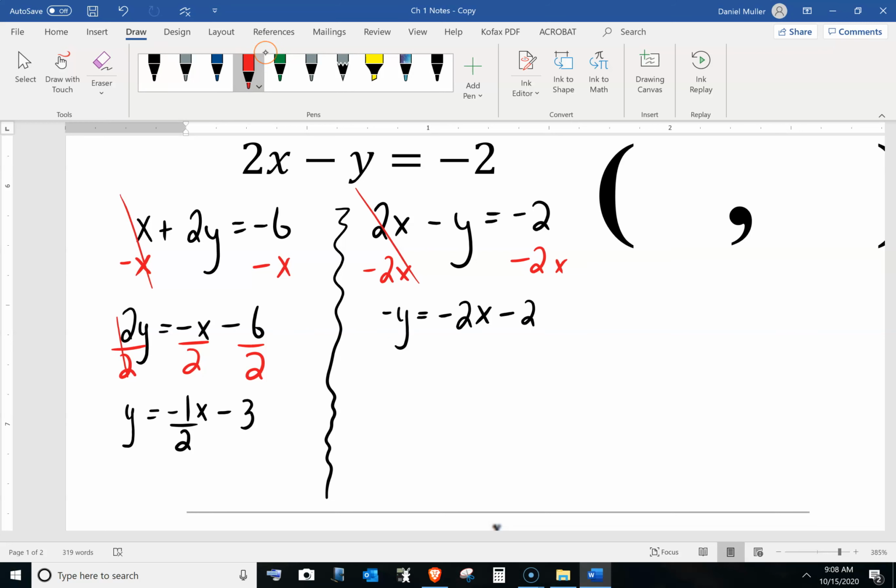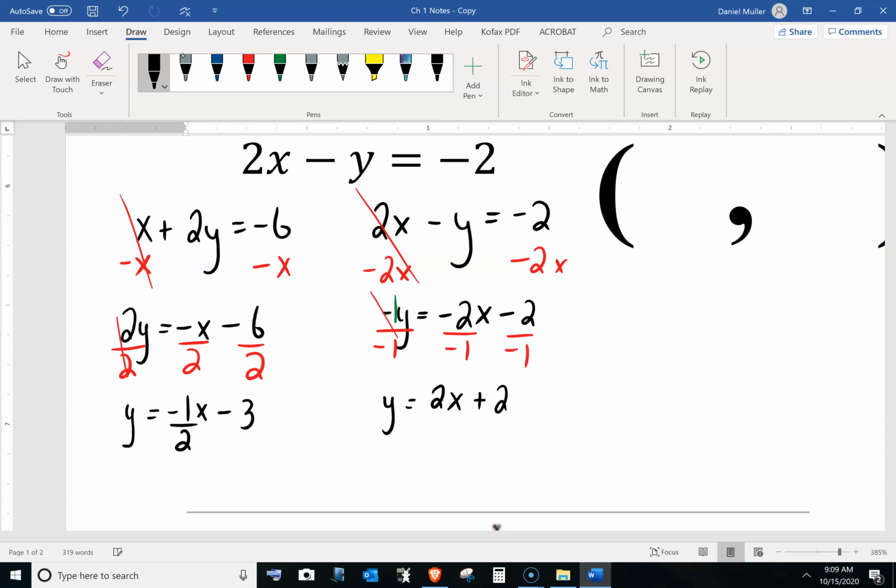And then I need to get this y alone, but there's a negative, so often what we'll do is divide by negative 1. There's no 1 there, but there actually is a 1 here. So negative 1 divided by negative 1 would just cancel, leaving me with just a y. Now negative 2 divided by negative 1 is a positive 2x, and negative 2 divided by negative 1 is again a positive 2. So now I've got these two equations.